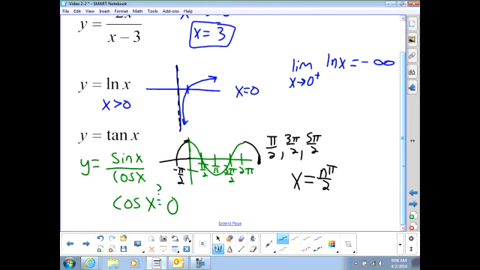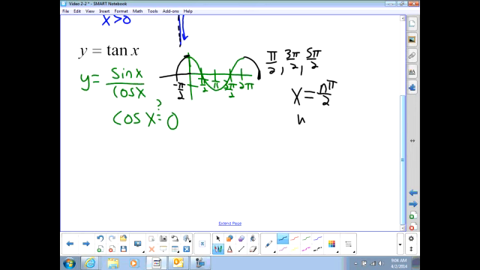And we would just need to say where n is an odd integer. So if we have pi over 2, 3 pi over 2, 5 pi over 2, 7 pi over 2, going the other way, negative pi over 2, negative 3 pi over 2, negative 5 pi over 2, any of those cases is where we would have asymptotes.